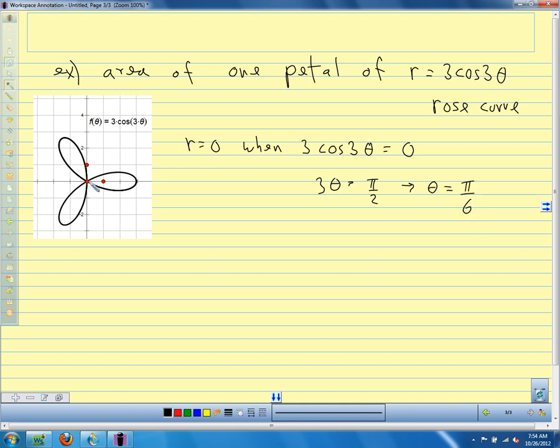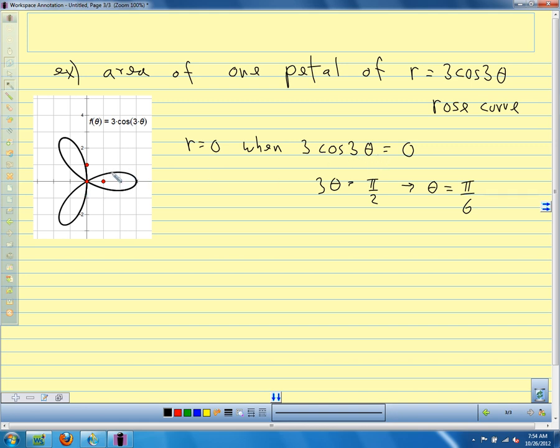So that's the first time that r equals 0. We can see that if this angle is pi over 6, we could look at other values of theta that give us where 3 cosine 3 theta is 0.